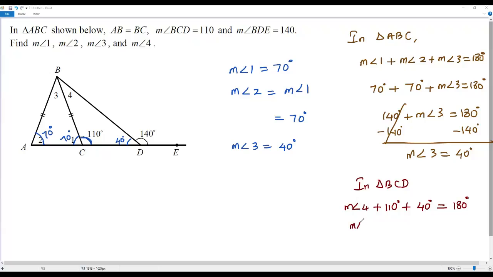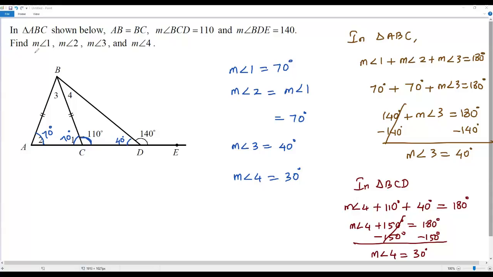Combining 110 and 40, I get 150 degrees, plus angle 4 equals 180 degrees. Subtracting 150 degrees from both sides, the measure of angle 4 equals 180 minus 150, which is 30 degrees.